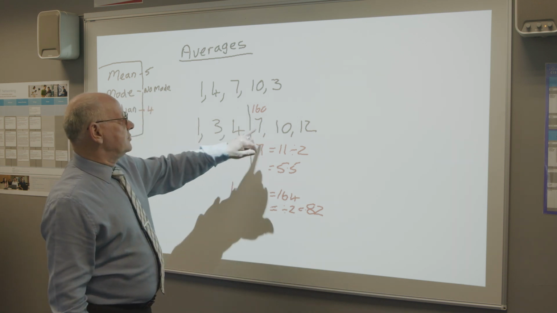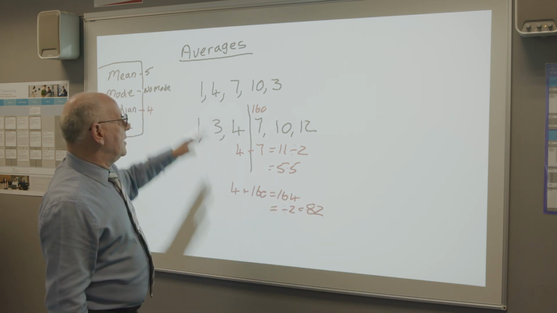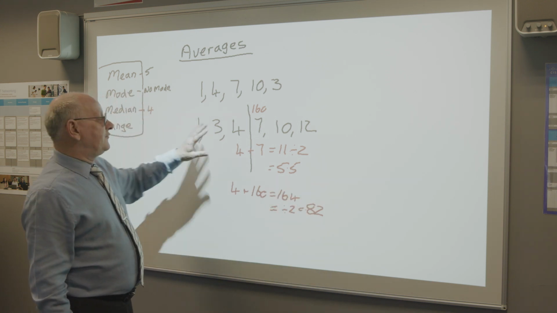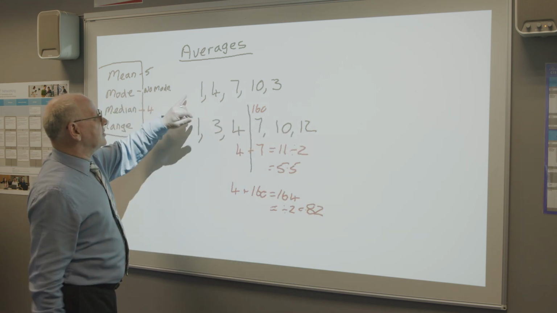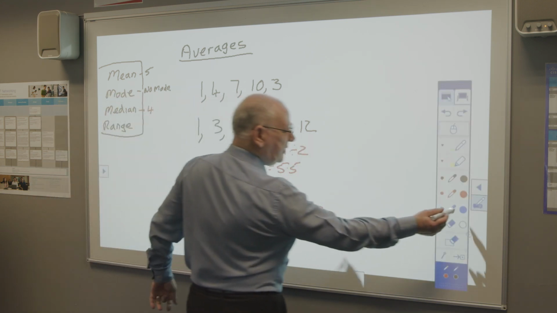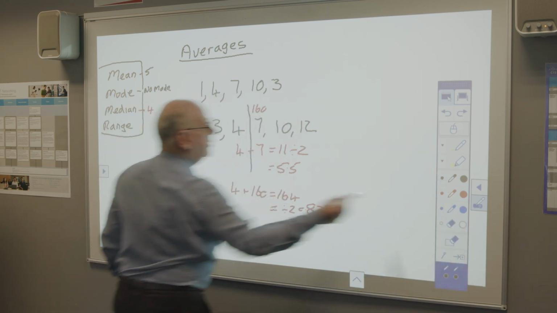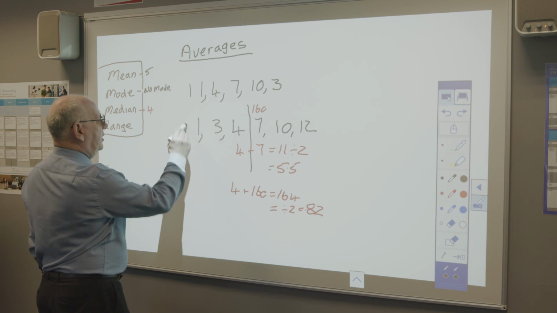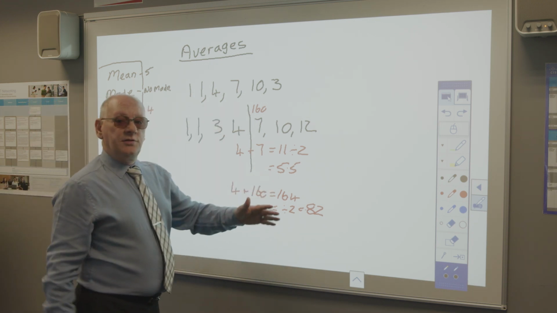Write out your numbers, smallest first, and remember you have to end up with the same amount of numbers as you started with. In other words, if there was another 1 there, you would have to put the two 1s in your ordered list.